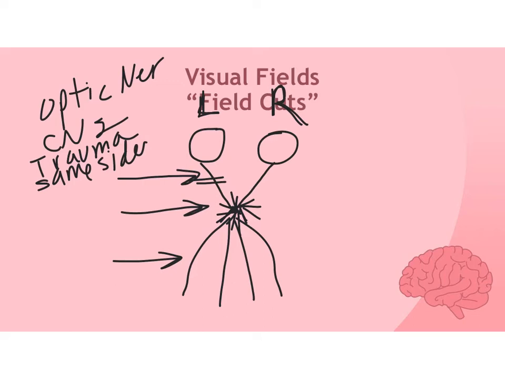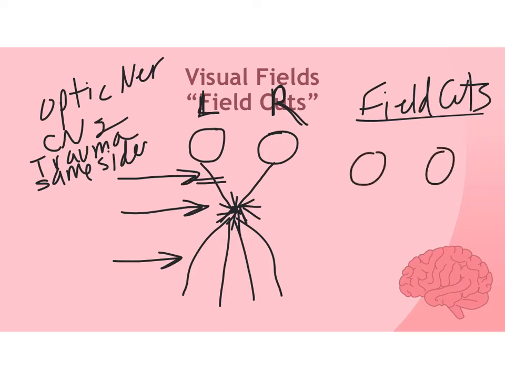Over here, on this column, this is what we'll call the field cuts. Draw two eyeballs, left and right. If I am hit on the left, I'm going to take out my left optic, and that leaves me blind. So color in, and write, blind. The field cut that you get in trauma, taking out your optic nerve, is blindness, and it's the same side injury.